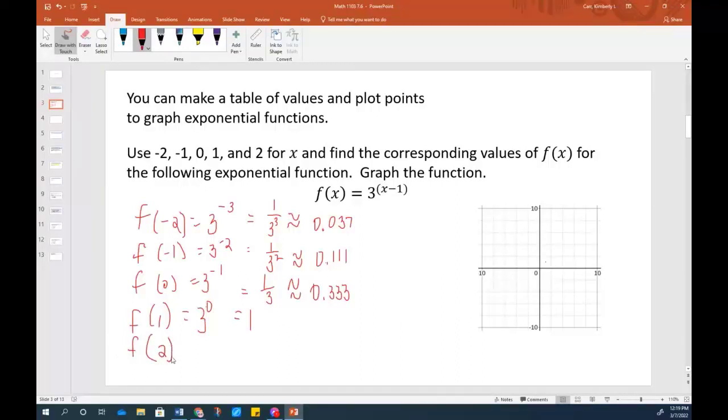F of 2: 3 to the 2 minus 1 is 3 to the first, which is 3. That's not a bad point. So if I go over 2, I can go up 3. You might see I'm doing that on the graph over there to the right. Okay, so those are pretty good points right there: (1, 1) and (2, 3).